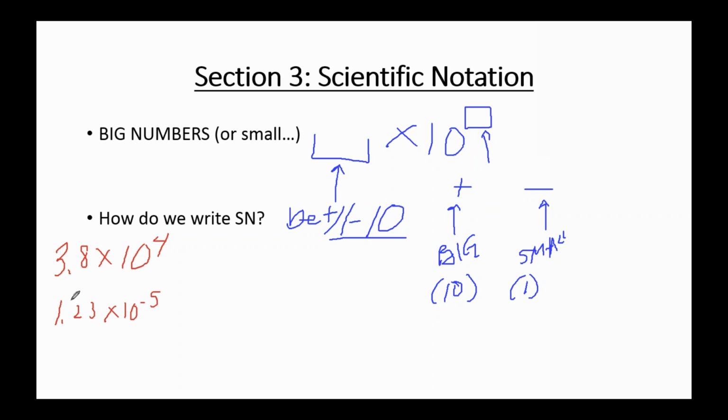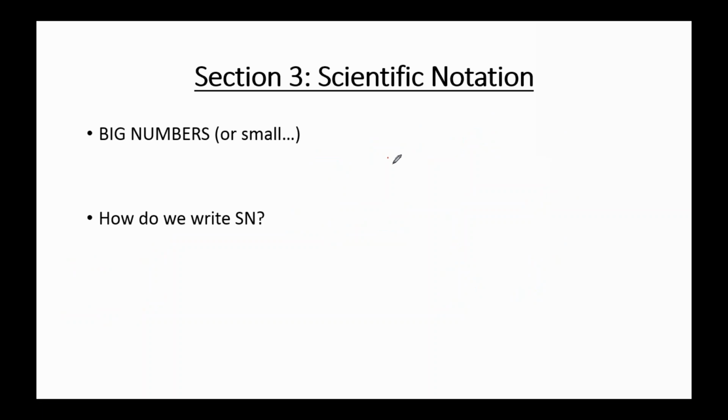This is a super small number because my exponent is negative. The exponent tells you how many places to move the decimal when we are moving between scientific notation and standard form. Okay, so that's kind of your intro. Now we're actually going to play with it. So let's go ahead and erase those, move to the next page.